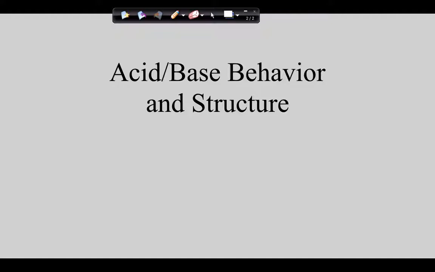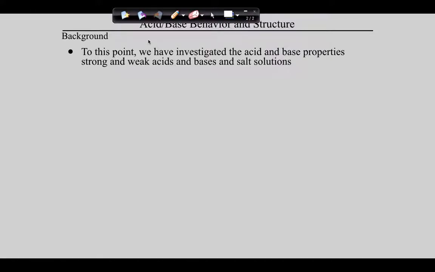So here's the way today's going to roll out, and I really don't think you need to write any of this down, but just setting the stage. Here's where we're at. We have talked about acids and bases. We've talked about strong acids and bases, weak acids and bases, and then we took that weak acid-base conversation and invited salt solutions into the conversation, which is where we then talked about this idea of lineage, right?